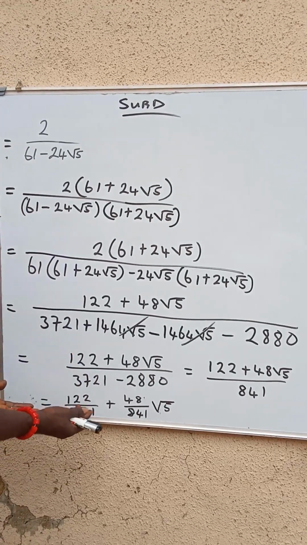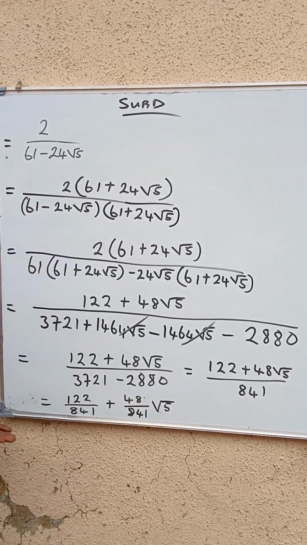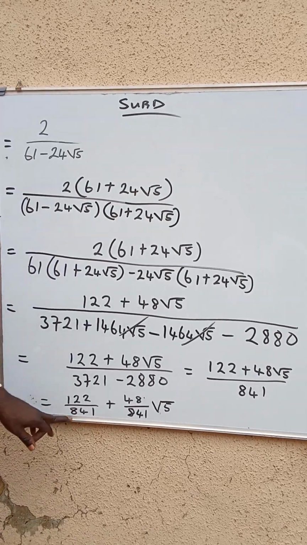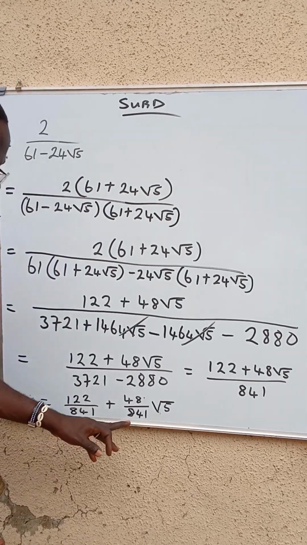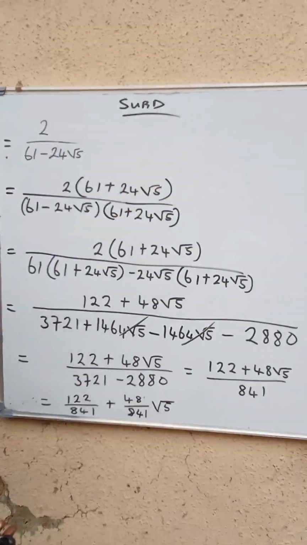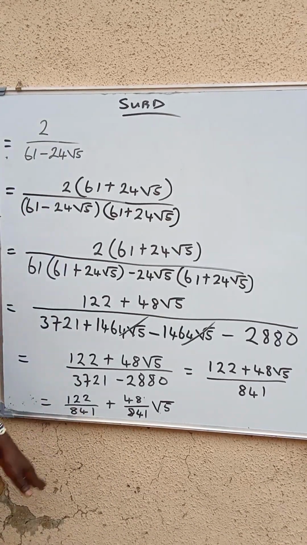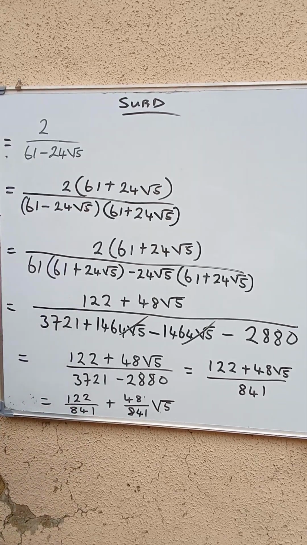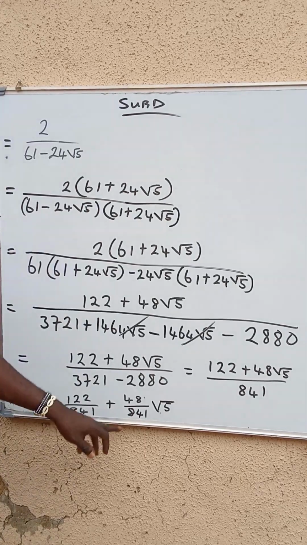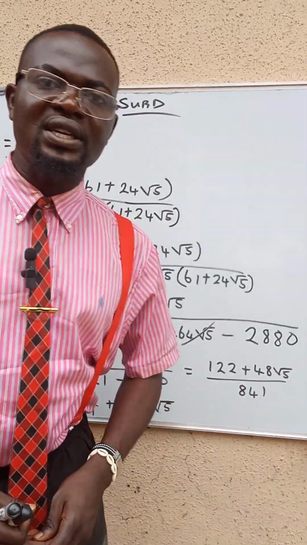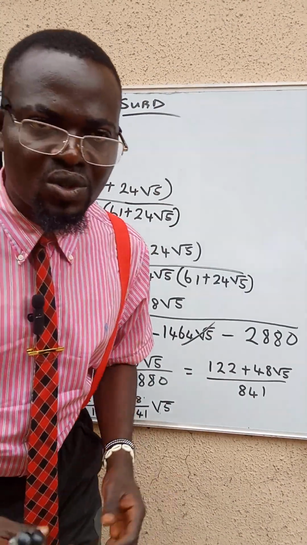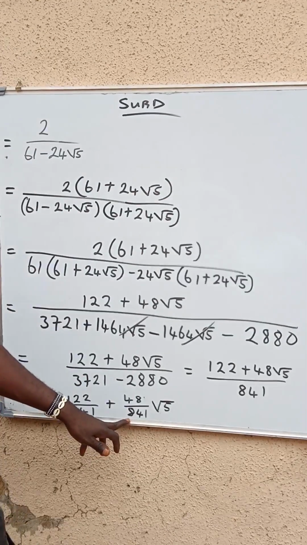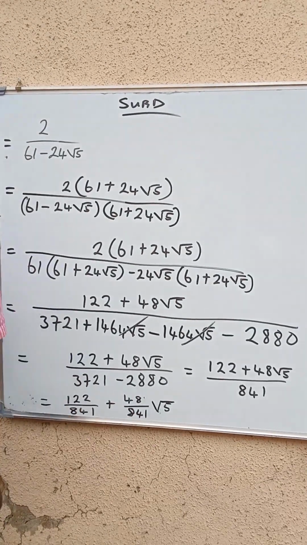So we're now left with a number, and we express our answer in the form of A, B, and C, where A is a rational number, which we say can be expressed as a fraction. C is attached to the irrational number in form of root, which is the surd, and we'll have it here. Then the C is root 5.